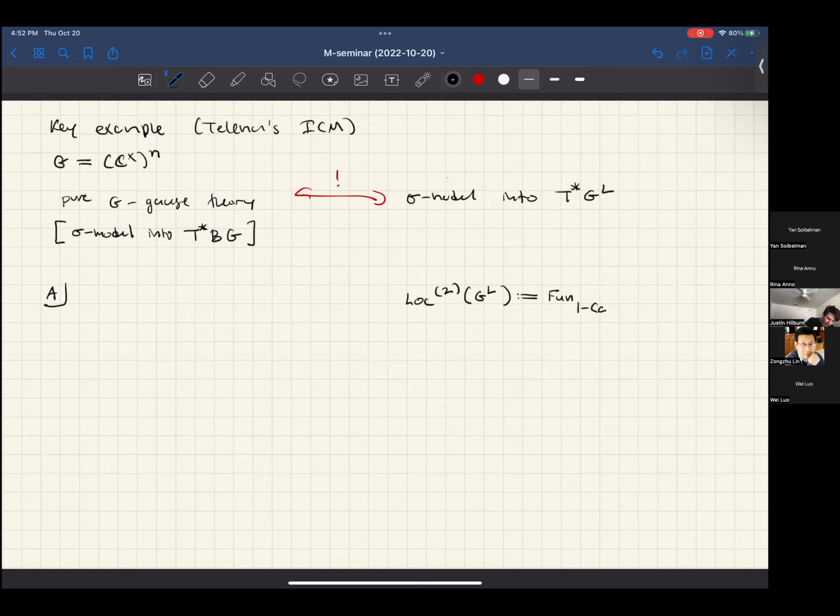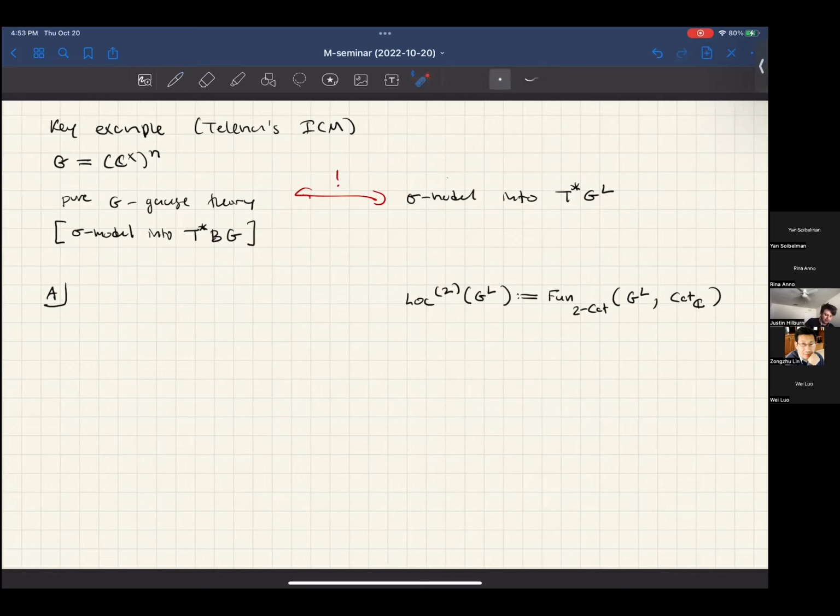So he says, why don't we look at the functions inside the space of one categories from this torus G to the L into the two category of C linear categories.